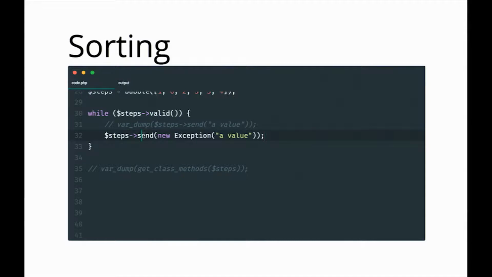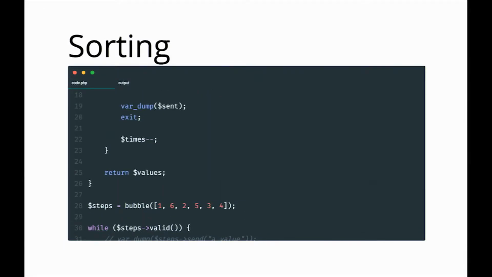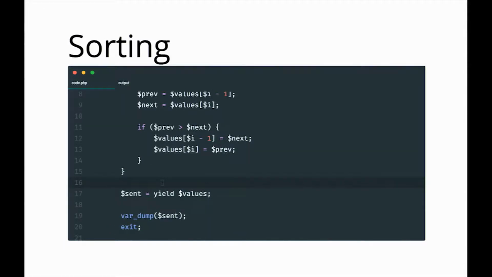We can also throw exceptions in using the throw method. And the way that we capture those is not with assignment, but with a try catch. So we catch the exception without syntax errors, hopefully. And here we can use getMessage.